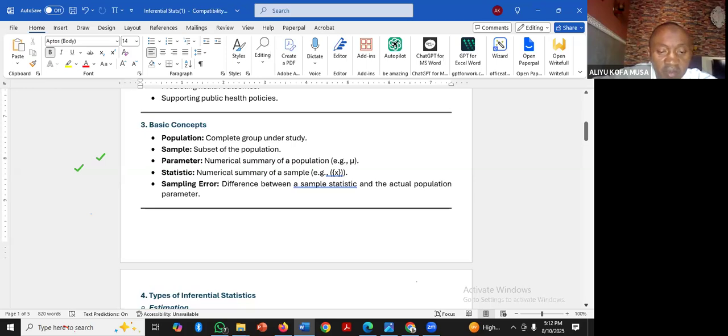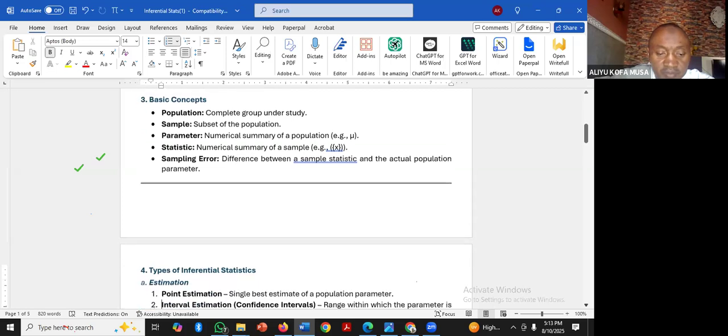The only new one is sampling error, the difference between a sample statistic and the actual population parameter. That is sampling error. If you are asked to calculate the sampling error, you need to subtract the sample mean from the population parameter, which is the mean of the population.